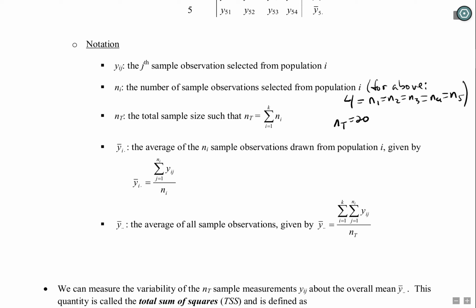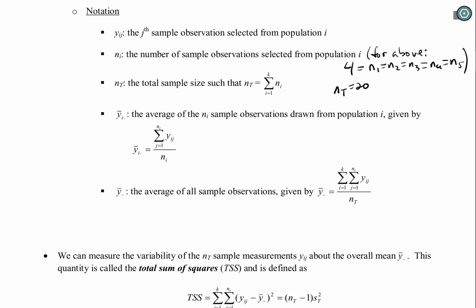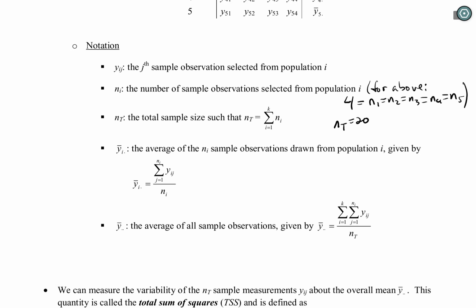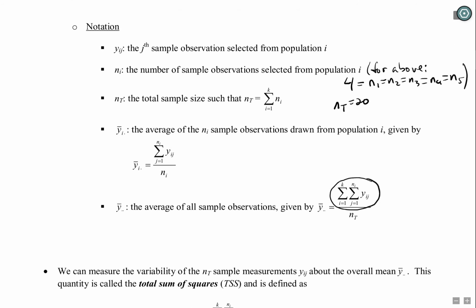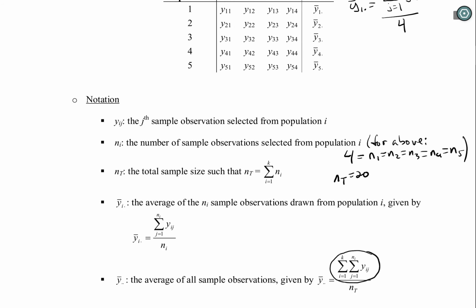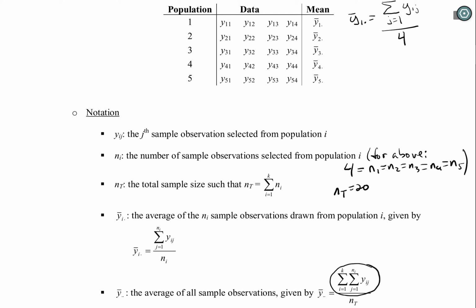Okay. Y dot dot bar is the overall average, sometimes called the grand average, and we've got something here that's maybe a little strange to you. This is actually a double sum of the observations over NT. The double sum basically represents that we're going to add this to this to this to this.